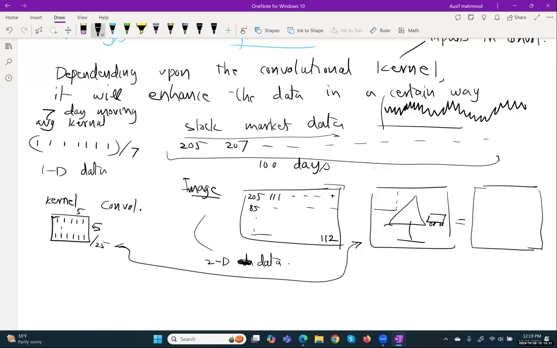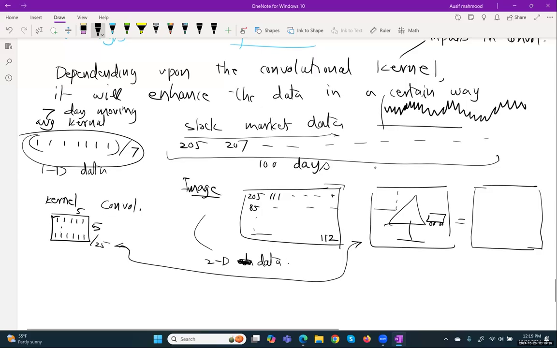After I apply this type of kernel, what will be the effect? It will smoothen it out. It will remove the noise. The quick changes will become smooth, so it will follow a smooth transition, high to low or low to high.